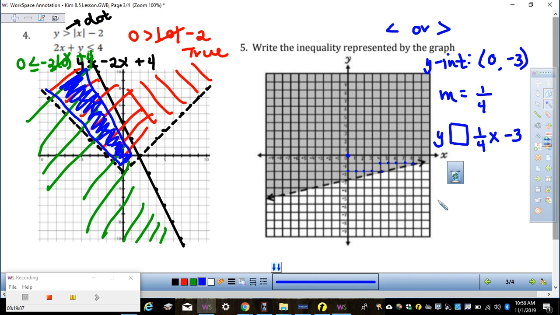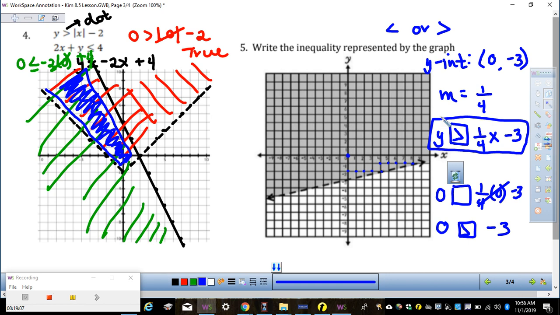So if I plug in 0 for y and 0 for x, I want a statement that's going to be true here, 0 compared to -3. If I want a true statement, 0 has to be greater than -3. So I'm just going to come back up here, I'm going to fill in that empty box, and this right here is going to be my final inequality.